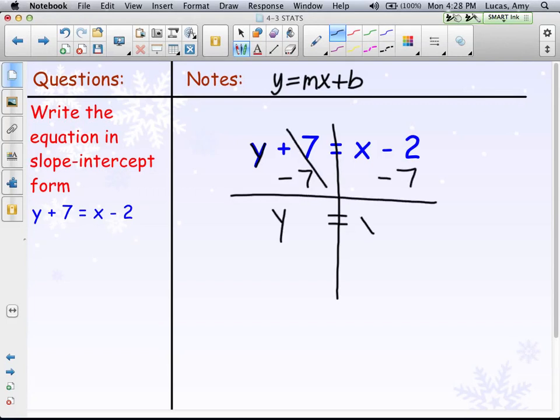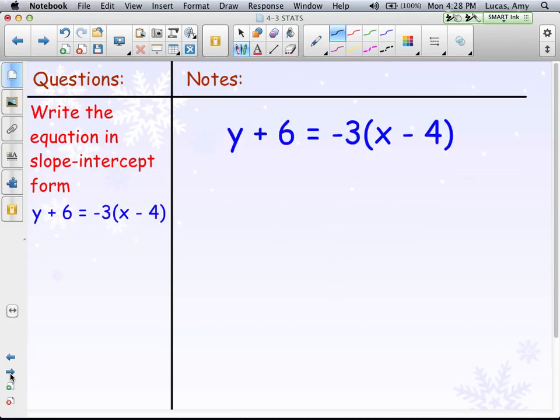Notice on the right-hand side, I didn't write it underneath the x, I wrote it underneath the -2. -2 minus 7 is the same as -2 plus -7, or -9. So I'm just going to simplify it as x minus 9. So y equals x minus 9. That is slope-intercept form. So that's my answer.